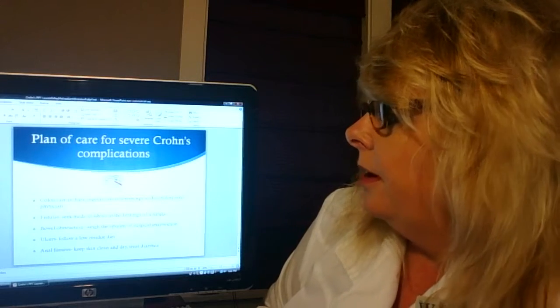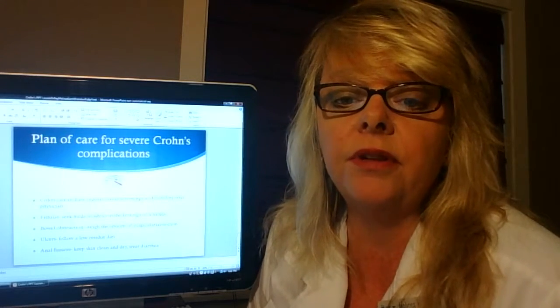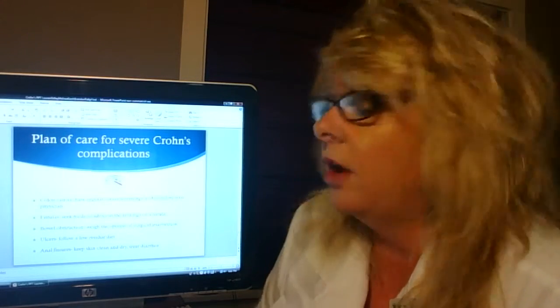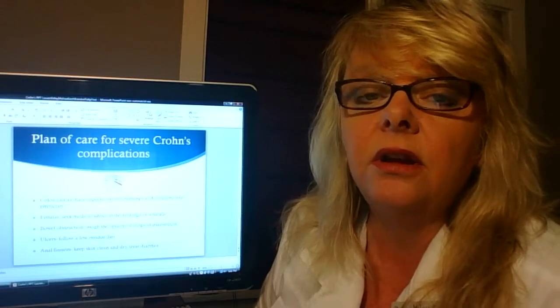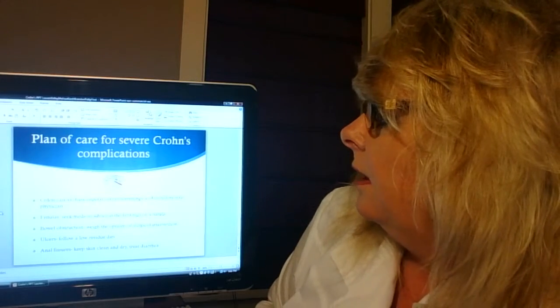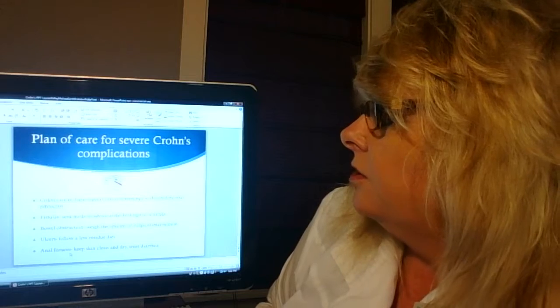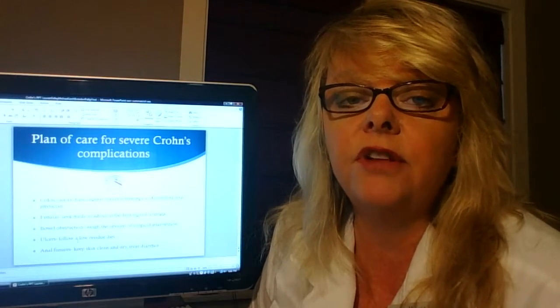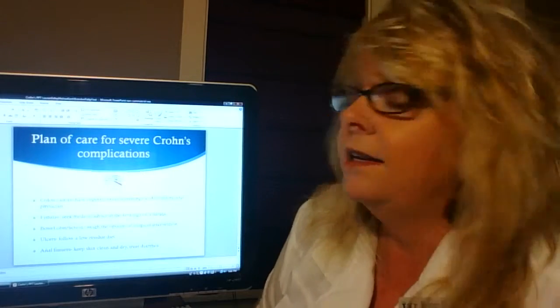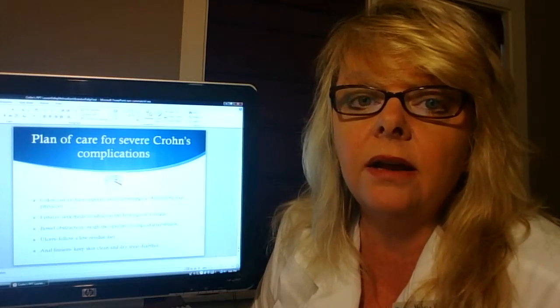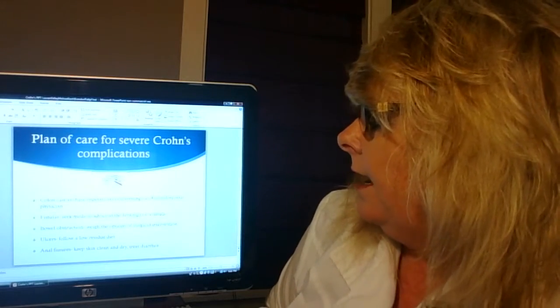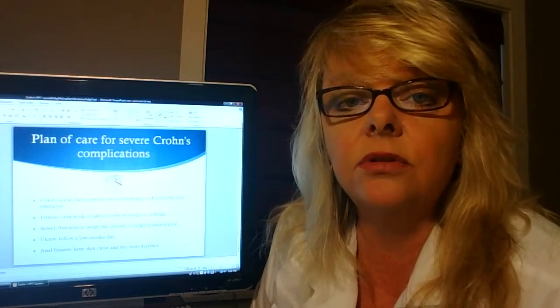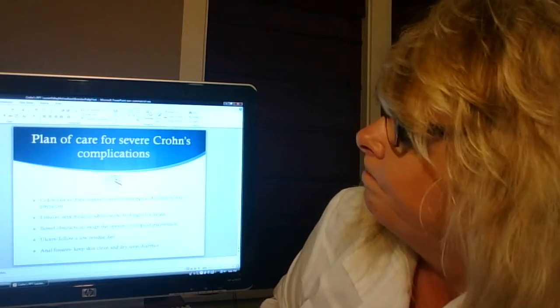Ulcers: there again, to hopefully prevent the development of ulcers, follow the low residue diet that's recommended for Crohn's patients. Anal fissures: due to the frequent diarrhea, Crohn's patients are often at risk for developing anal fissures. They need to keep the anal tissues as dry and clean as possible and treat the diarrhea as directed by their physicians.